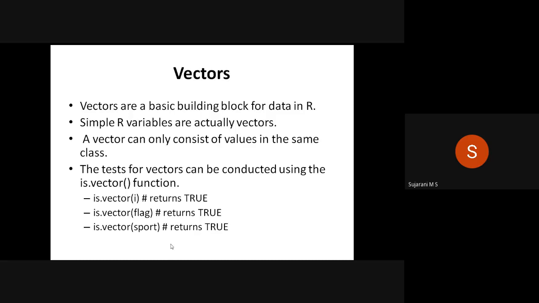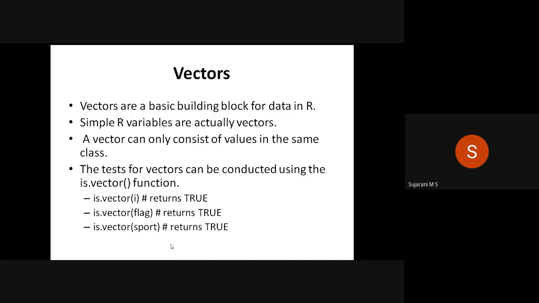Okay, testing for vectors can be done using the is.vector function. That means we can check whether a variable is a vector or not. In the previous slide, we declared three variables like i, flag, and suppose.